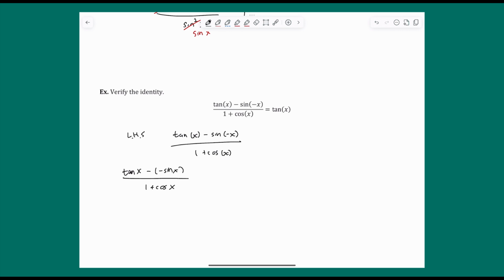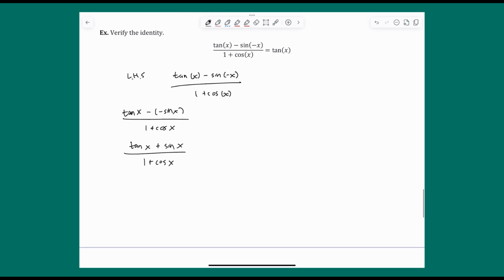That gives us basically tangent of x plus sine of x all over 1 plus cosine of x. And the route I'm going to take here is I'm going to rewrite tangent as sine over cosine using the quotient identity, plus sine of x, all over 1 plus cosine of x.